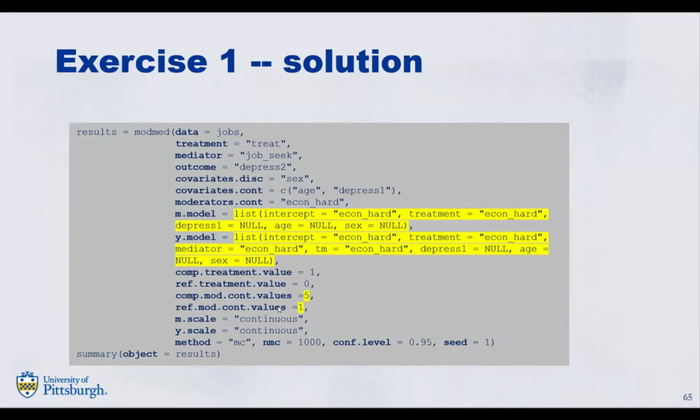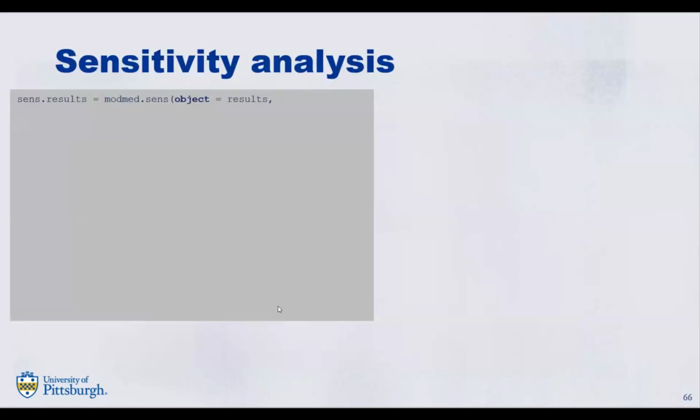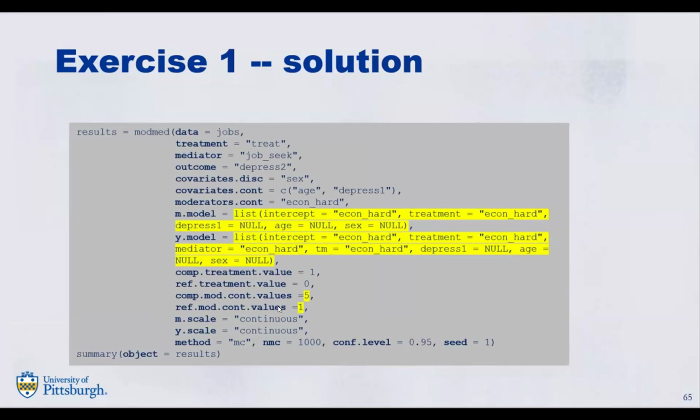And after running these results, we can get the output, including the estimation and inference results of the population average effects, conditional effects, and the moderated effects. So this completes the main analysis.